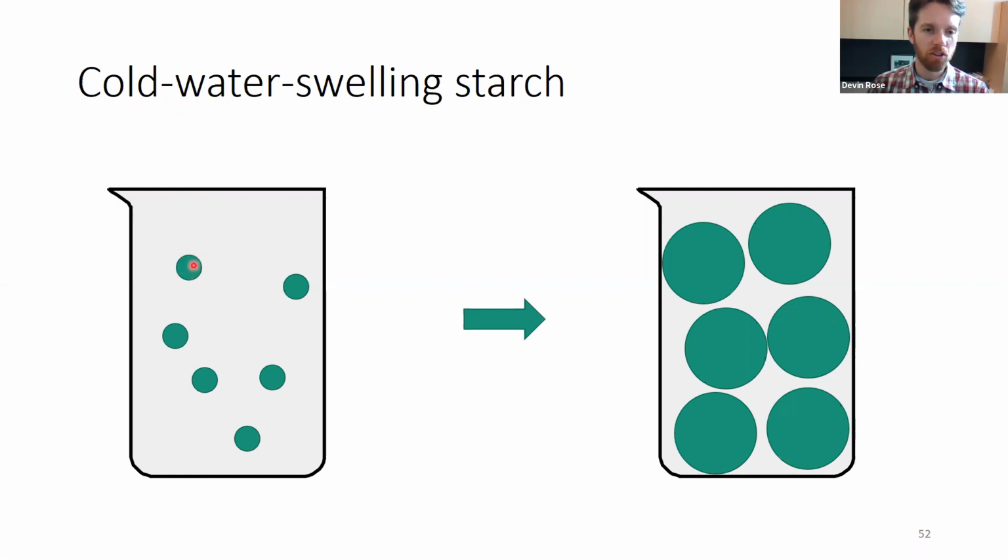When we put those starches into water, they swell in cold water. If you remember the RVA curve, where we heat it to about 60 degrees and get to that max viscosity, cold water swelling starches reach that max viscosity in cold water.